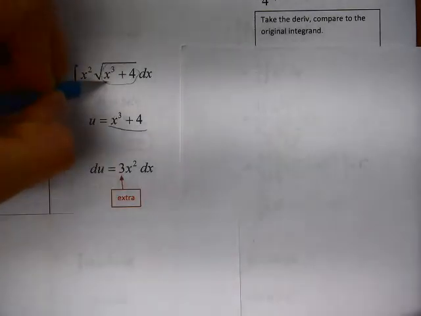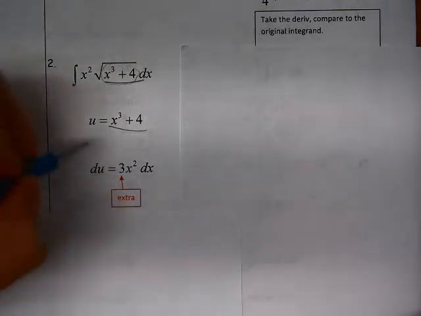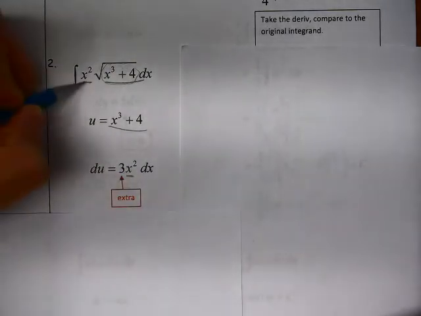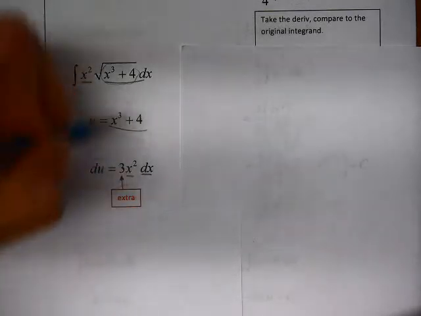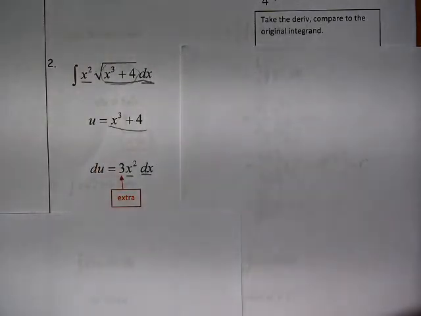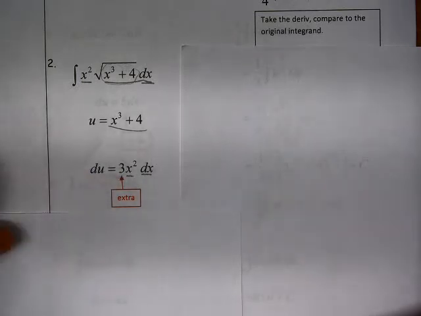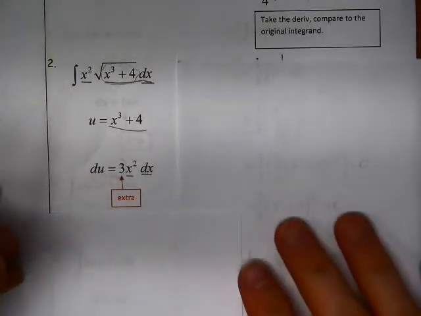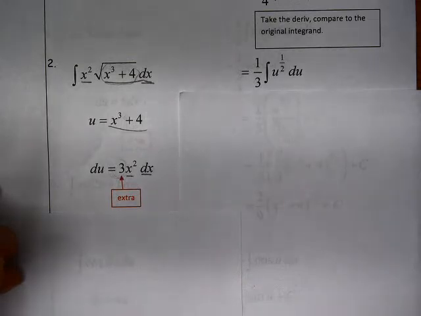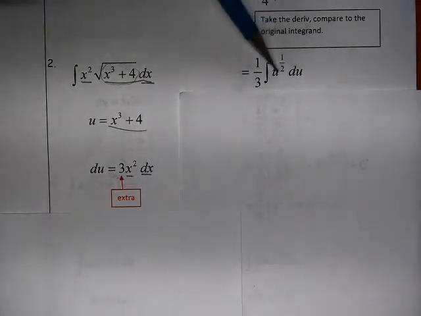So I've taken care of this inner part here. I also have an x squared, which I now have taken care of, and the dx, which I've taken care of. But when I find this du, I get an extra 3 that I really don't want. So I'm going to rewrite this function as the square root of u du.